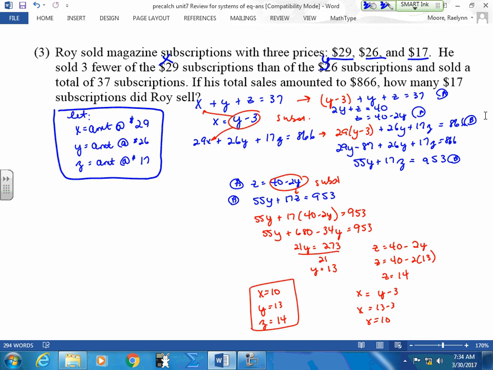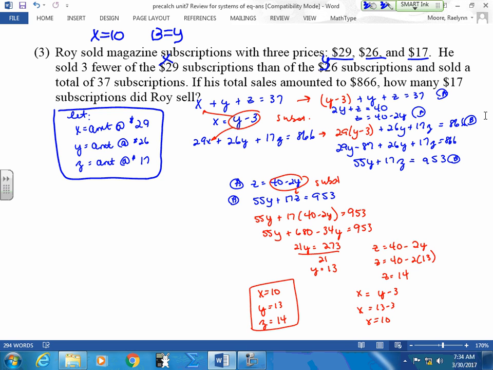So give me a number. If he sold 10 of the 29 prescriptions, and he sold 3 fewer of these than the 26, what did my 26 become? 13. So to get X and Y equal, what could I do?